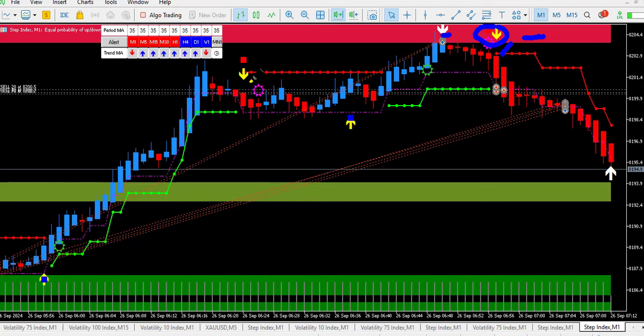Most of the time I do not use it, but once I see it, I know that the market may still go a bit either up or down, depending on the trend. Now, when you see all these indicators in agreement, the next thing for you to do is to place your trade, which I did.